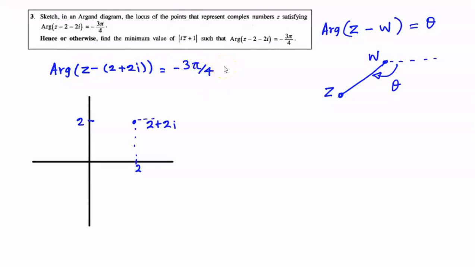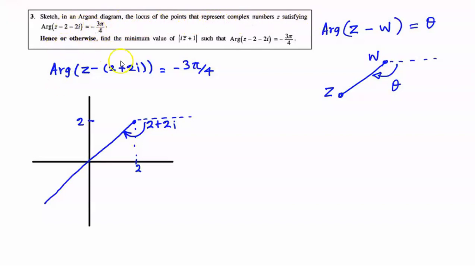So if I have the angle negative 3 pi over 4, it's the angle that makes the line go through the origin like this. So any complex number that is a point on this line satisfies this argument formula given here. So we have therefore drawn the locus of the points that represent complex numbers satisfying this.